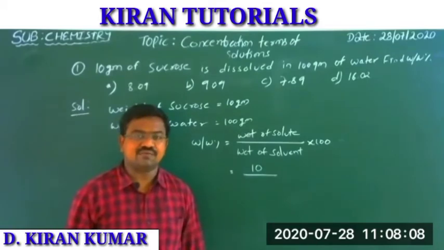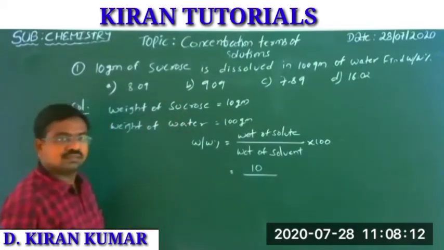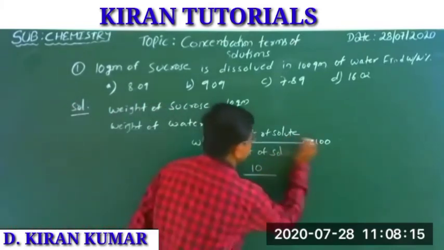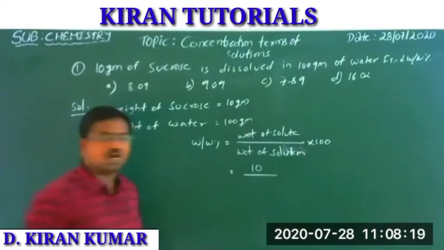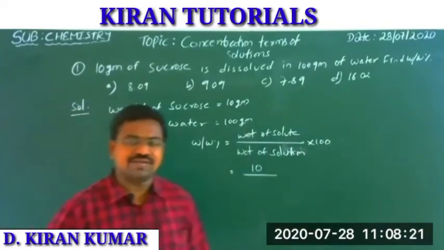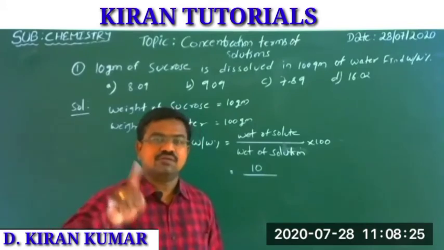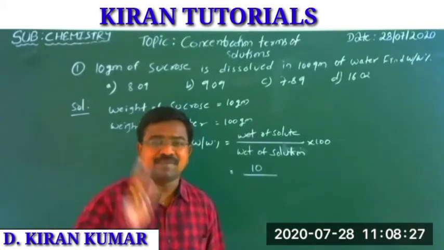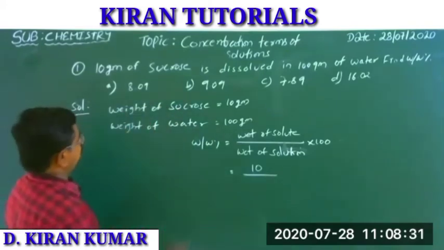What is the weight of solvent? Here it is a solute, it is a solvent. Weight of solution, sorry. How can you calculate the weight of solution? Weight of solution is equal to weight of solute plus weight of solvent, or mass of solute plus mass of solvent.